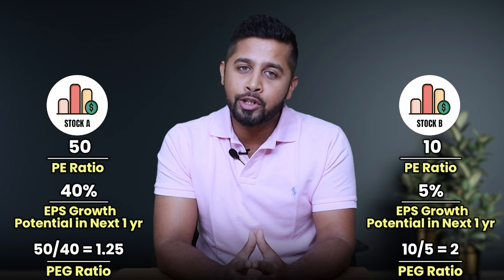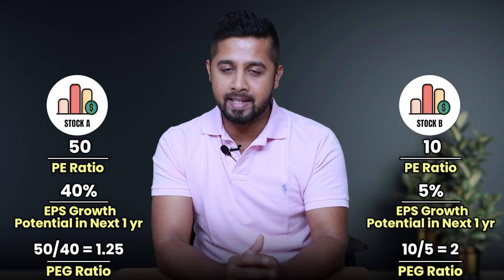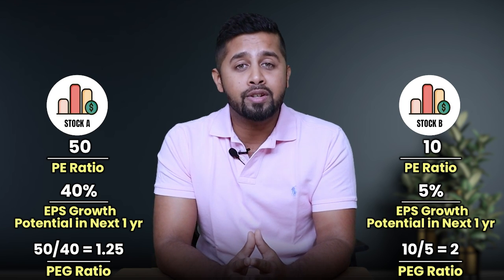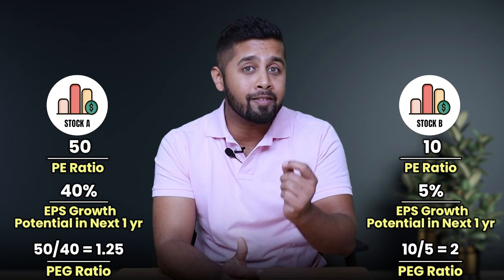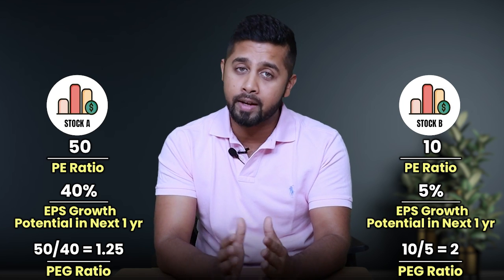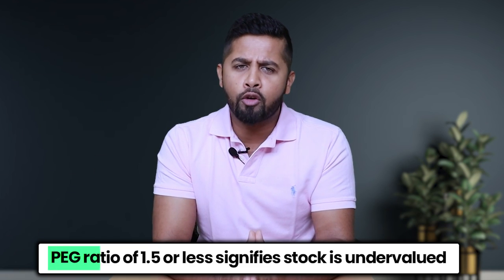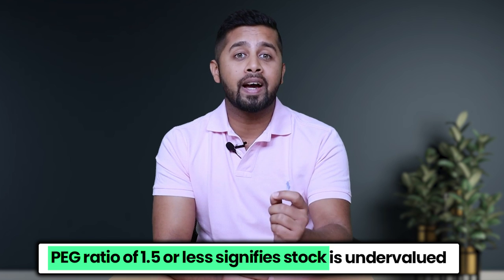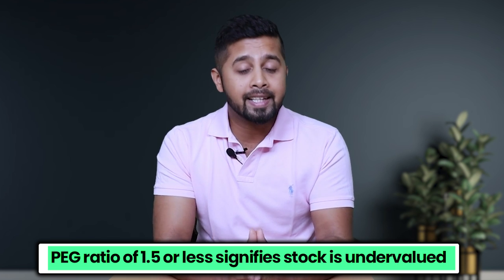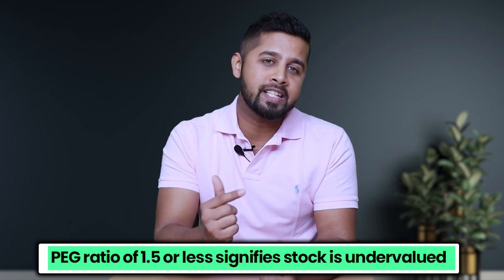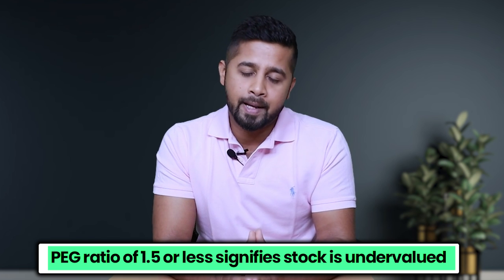If you look at PE ratio, stock A would be way more expensive. However, PEG ratio suggests that stock A is relatively cheaper than stock B because its earning growth potential is much higher than stock B. Generally speaking, a PEG ratio of 1.5 or less signifies the stock is undervalued. Anything higher than 1.5 means expensive valuation, although there are exceptions.